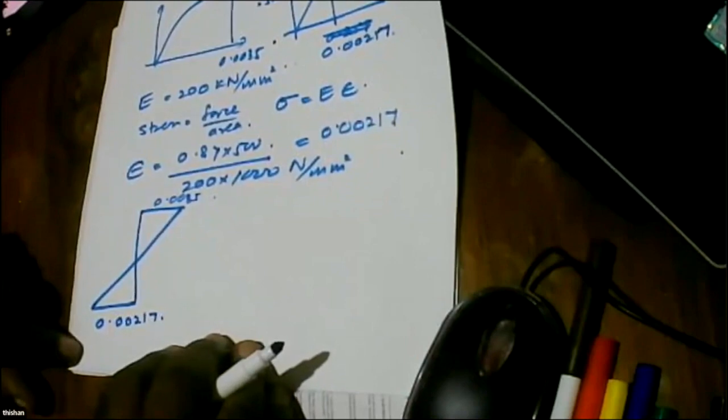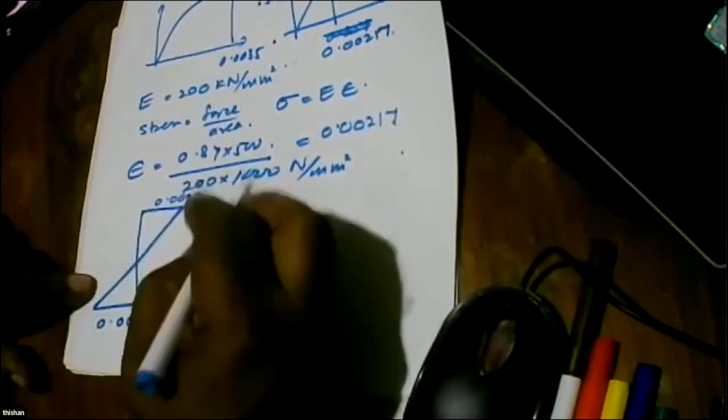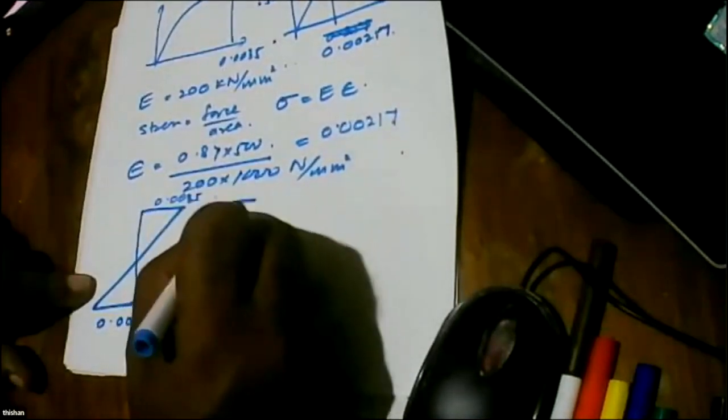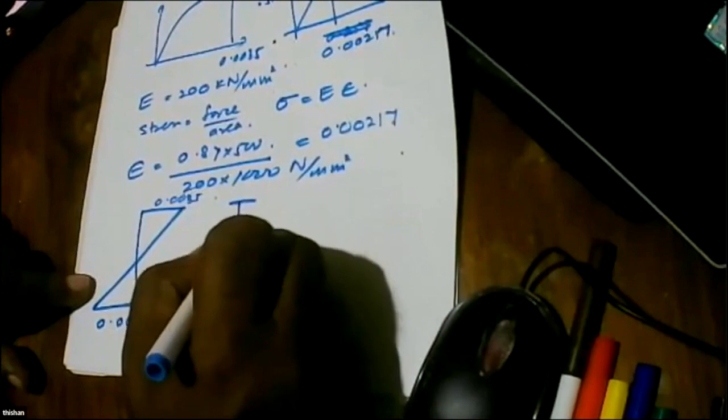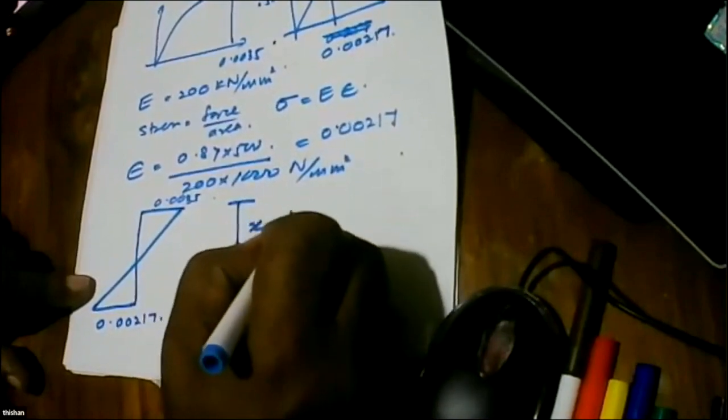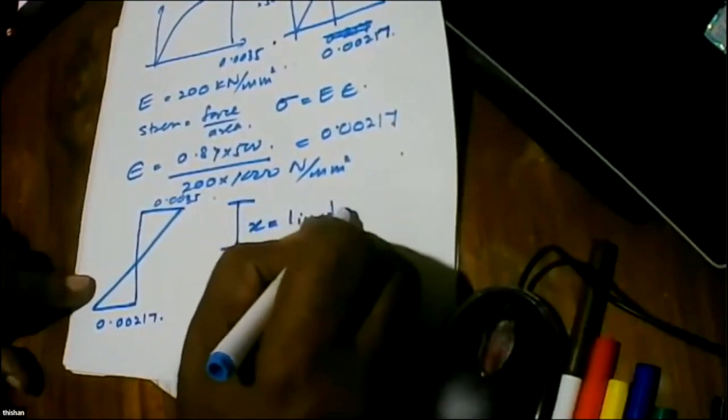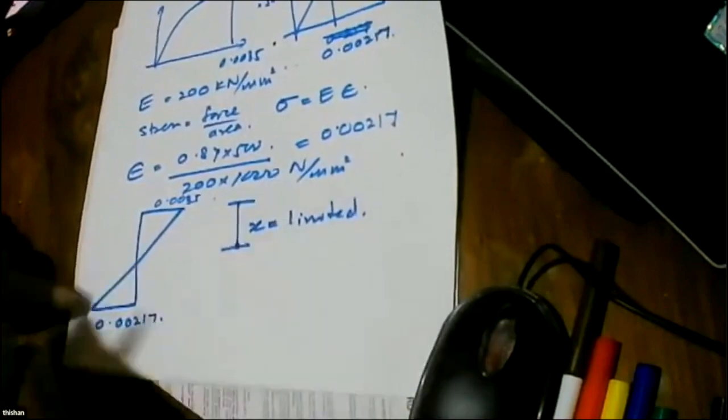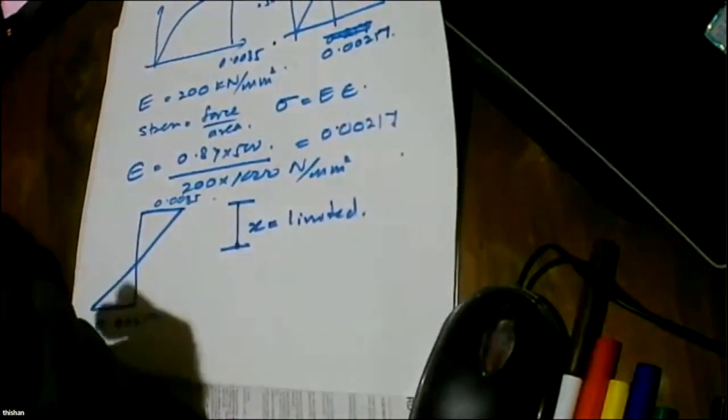If that is the case, will you get a warning? No warning. You don't get a warning, right? So to get the warning, what is the requirement? Limit the value of x. In all your calculations, you have to limit the value of x.